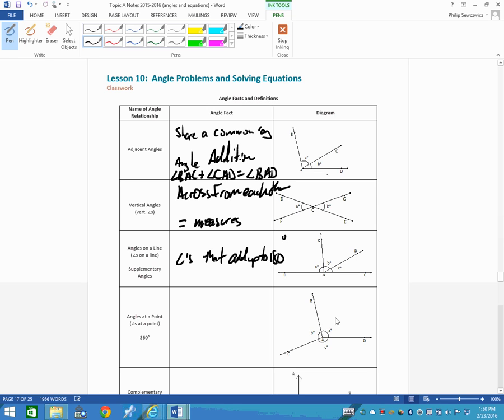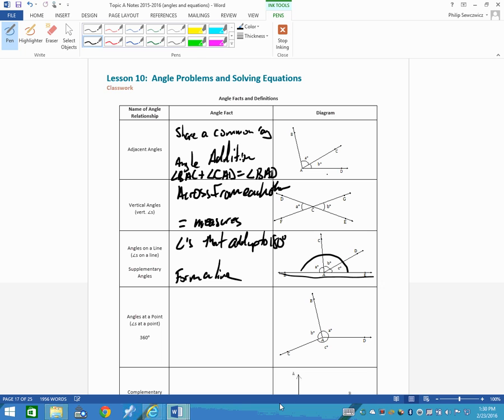They're going to form a line. So if we take this A to B to C, and if we add them all up, we would get 180 degrees because angle BAE forms a straight line, known as a straight angle. So it forms 180 degrees.